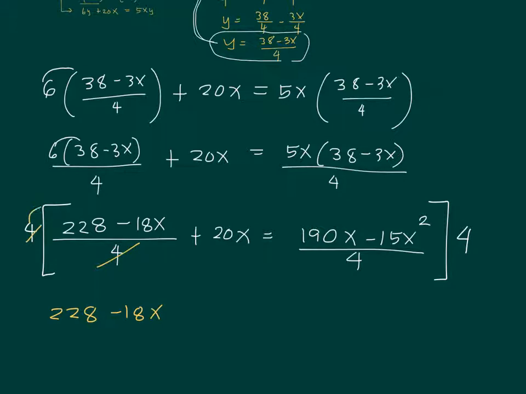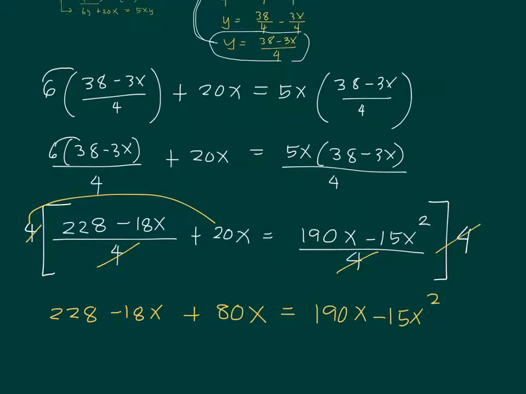Then when you multiply 4 to 20x, you get 80x. And then on the other side, 4 will get cancelled with 4. So you have 190x minus 15x squared. Okay, so it's becoming simpler and simpler.